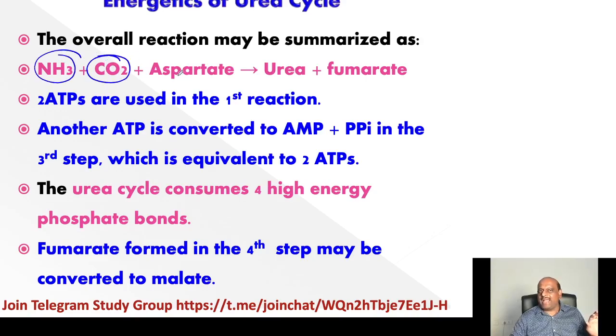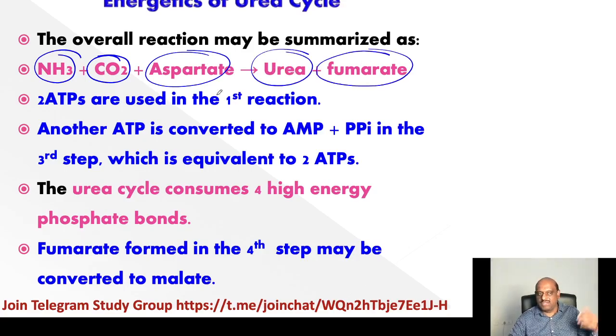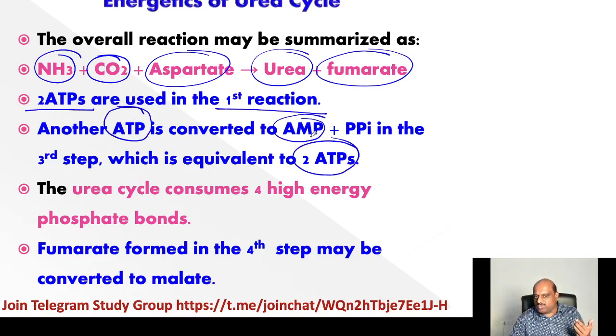Ammonia, carbon dioxide, aspartate will lead to urea plus fumarate released. 2 ATPs are used in the first reaction. Another ATP is converted to AMP, so 2 ATPs are also gone here. So these 2 ATPs plus 2 ATPs, 4 ATPs.